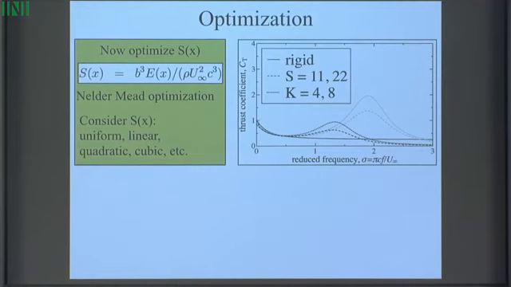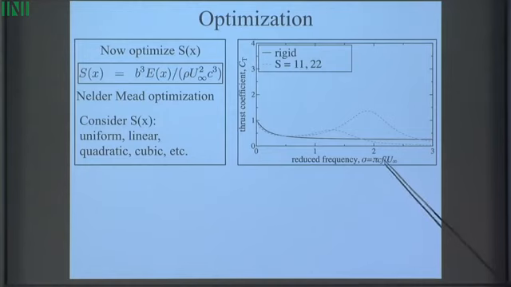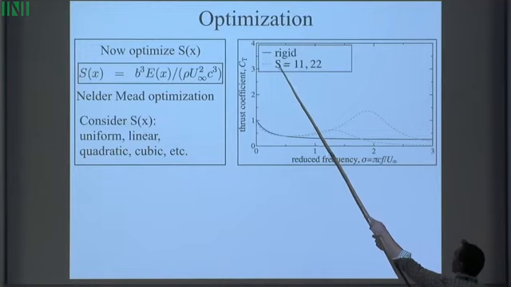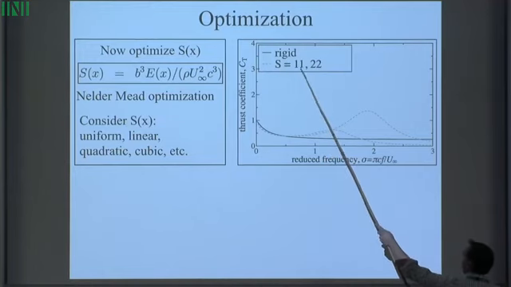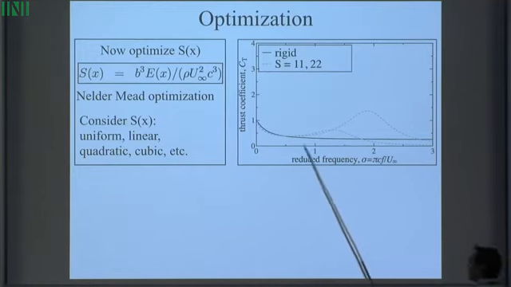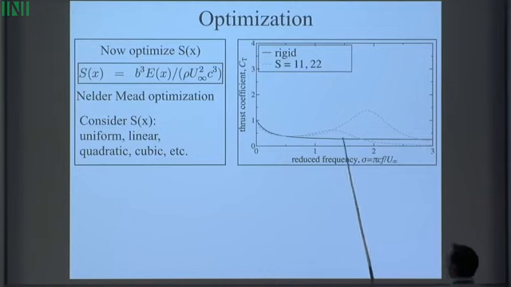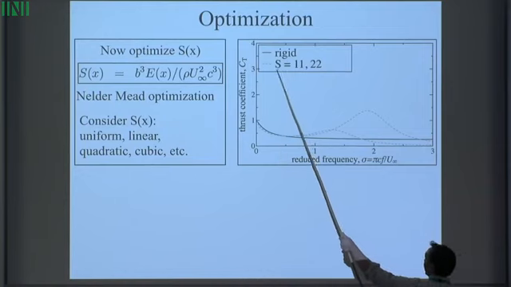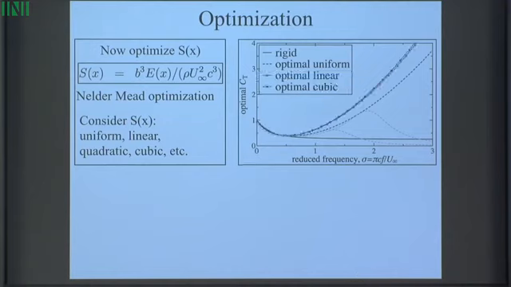Okay. So this is kind of what I showed you earlier. These are the two uniformly flexible wings, two specific cases. And now I'm going to go along at every individual driving frequency and optimize this number S for thrust production. That's the curve I get right there.